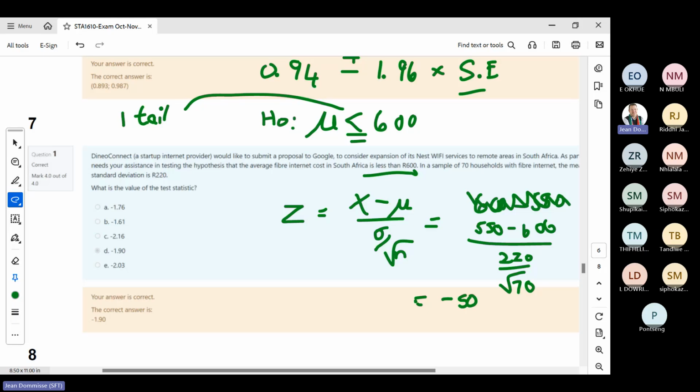So your answer is negative. Okay, so all of them is negative, so that didn't help. Okay, so now again, 220 divided by square root of, let me just quickly check. Again, unfortunately, I don't have any calculators. I'm quickly using Excel.